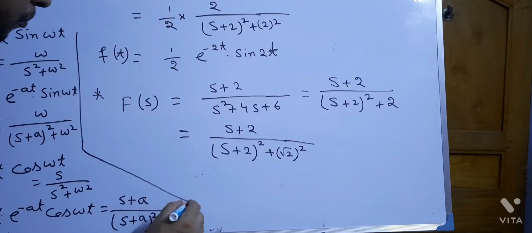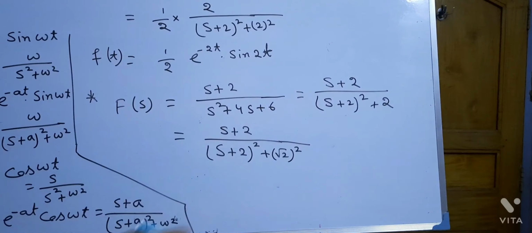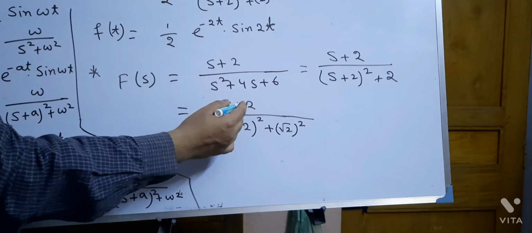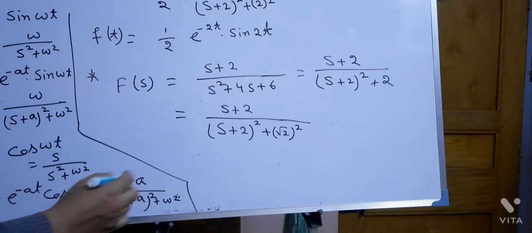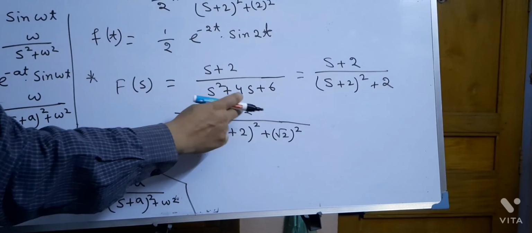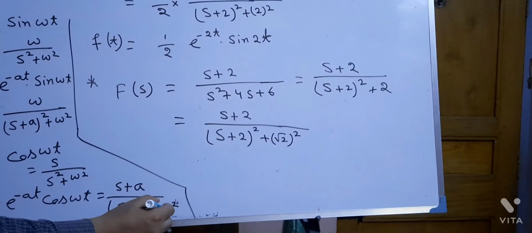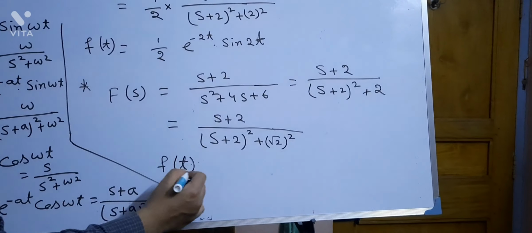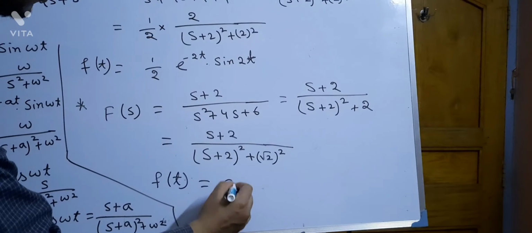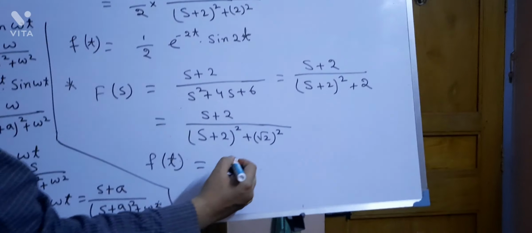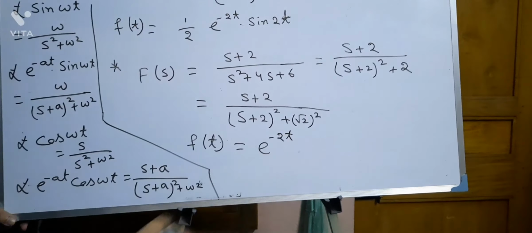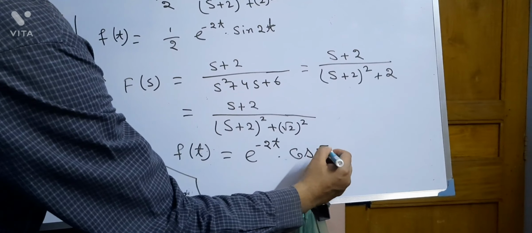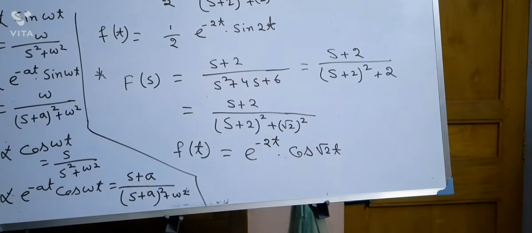Now if we compare these two expressions, we can see that a equal to 2, and omega equal to root 2. So the inverse Laplace transform of this expression equals e to the power minus at, that is e to the power minus 2t, into cos root 2t.